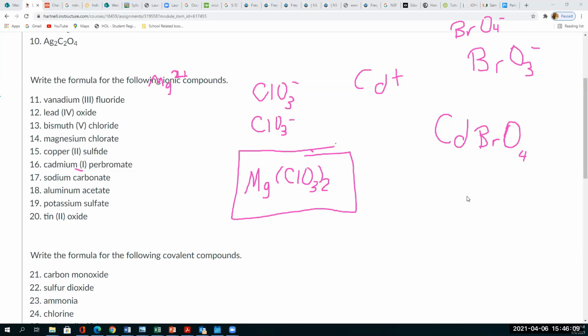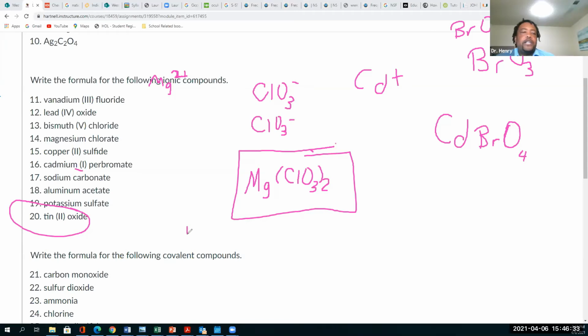Okay, which one am I going to do? 20. Yeah. We haven't done 20. So it's Sn, and the charge is... What is the chemical symbol for tin?